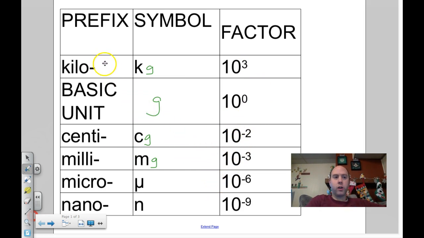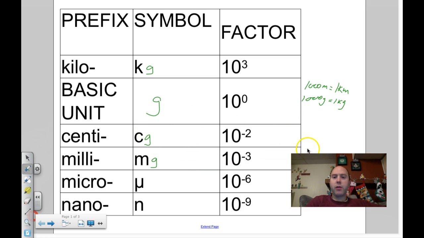Other shortcuts: sometimes it's really easy just to memorize that there are 1,000 basic units in 1 kilo unit. For example, there are 1,000 meters in 1 kilometer. There are 1,000 grams in 1 kilogram. So sometimes it's easier just to memorize that. Same thing for milli.